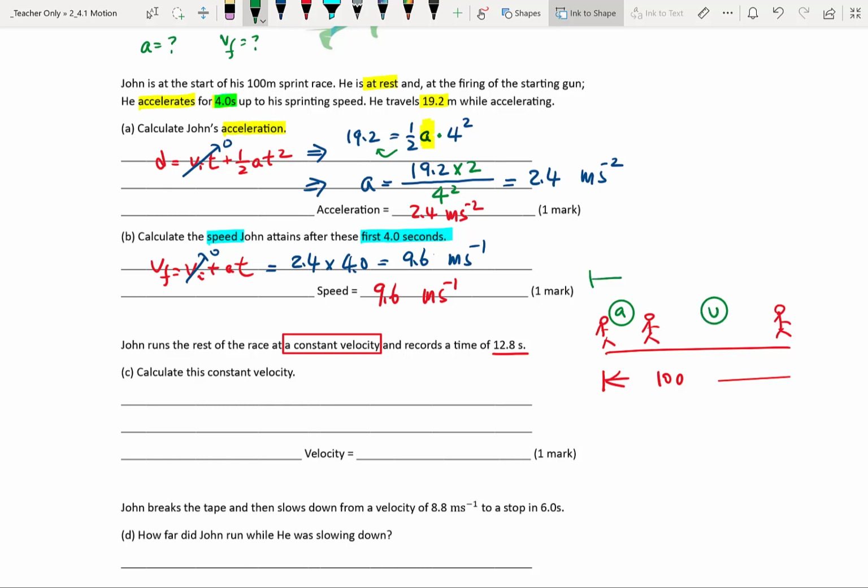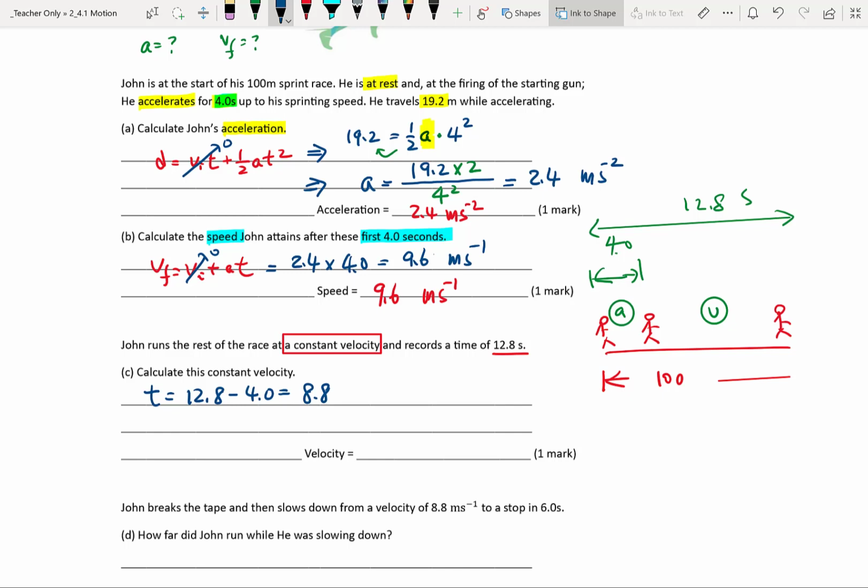The first stage takes 4 seconds, and the total time is 12.8 seconds. So the rest of the time is 12.8 minus 4, which is 8.8 seconds.